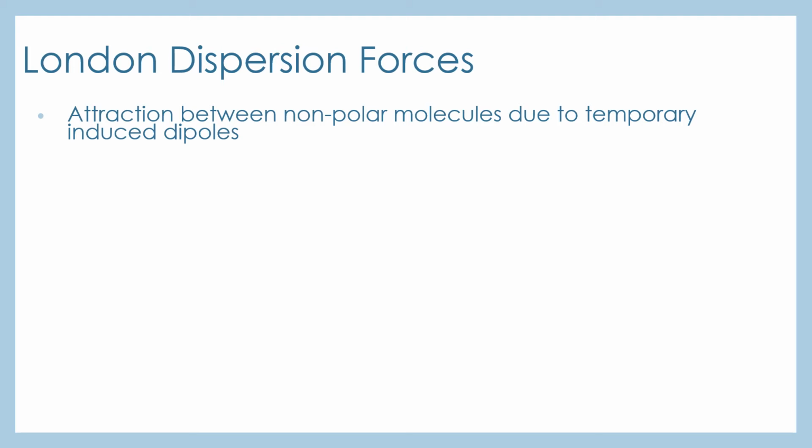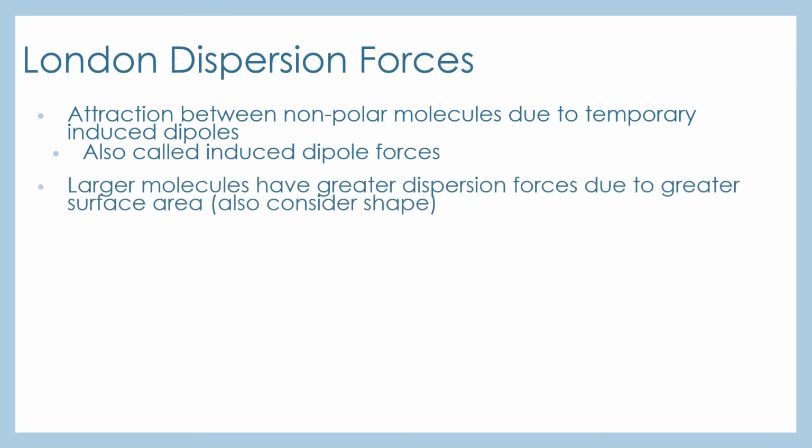So at any given point, you might have a higher electron density in one part of an atom, even for a very small fraction of a second. And these temporary induced dipoles are actually enough to hold nonpolar molecules that shouldn't have any intermolecular forces together. These are also called induced dipole forces.